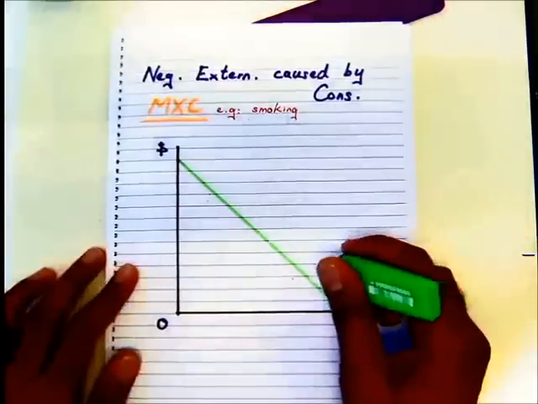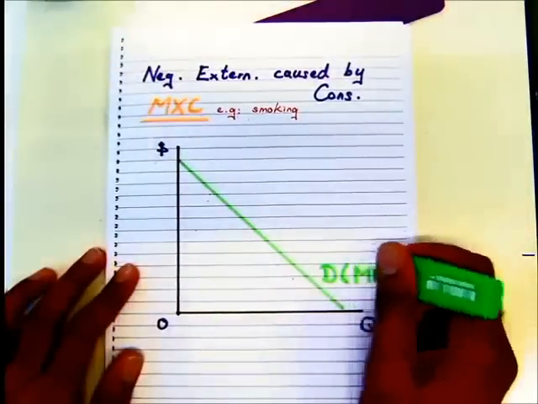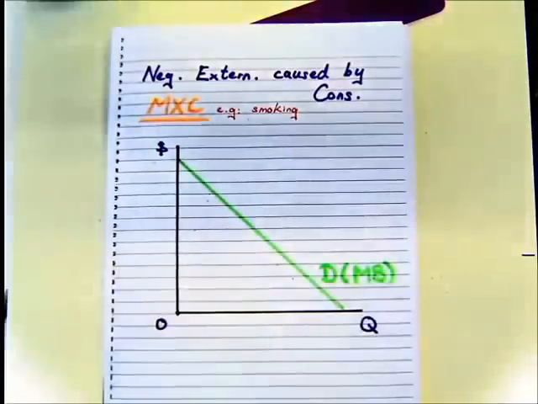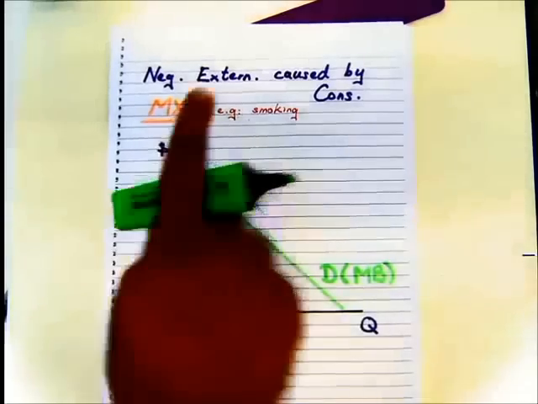Now, as you know, demand is marginal benefit. Demand is marginal benefit, but there's an external cost here.